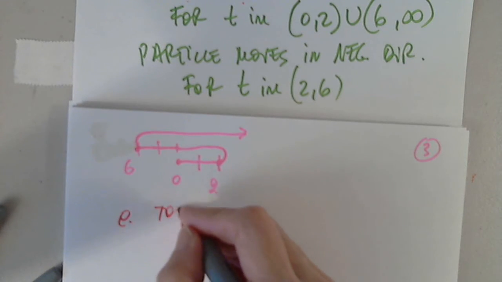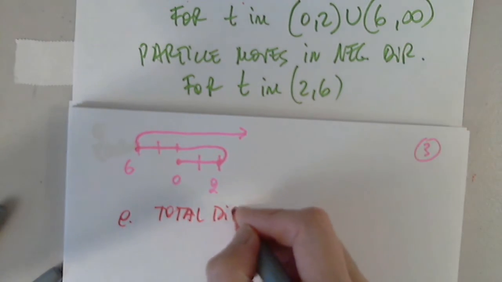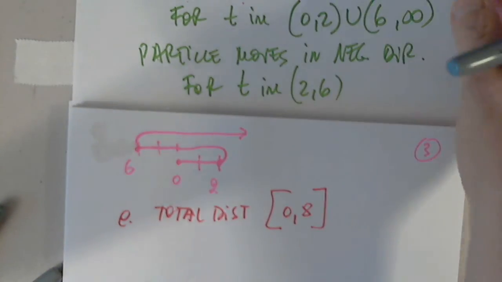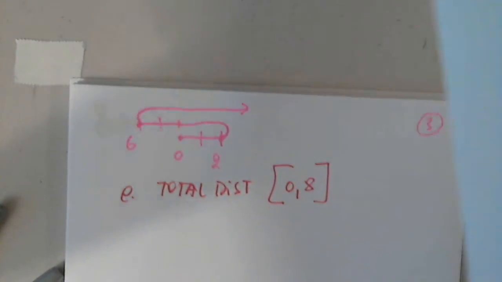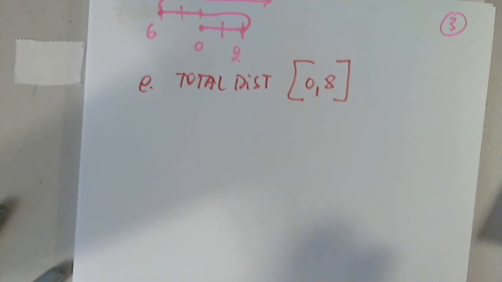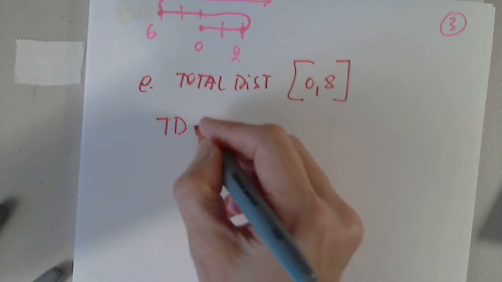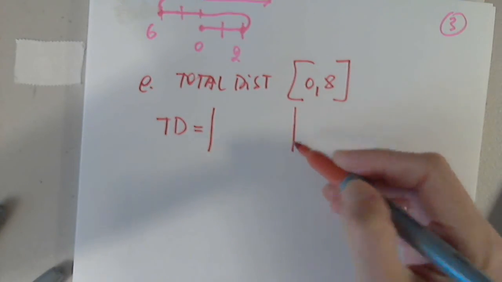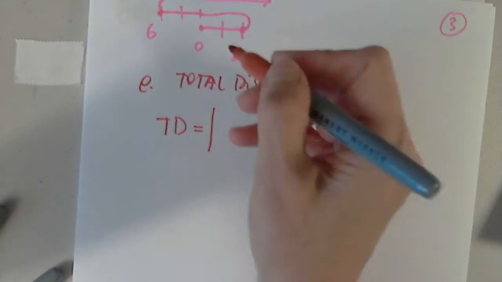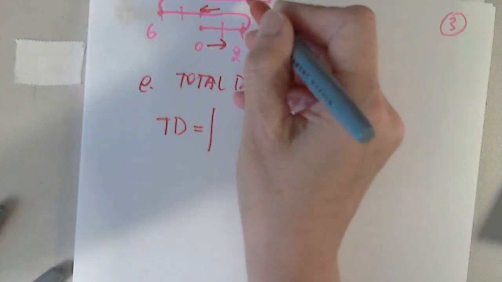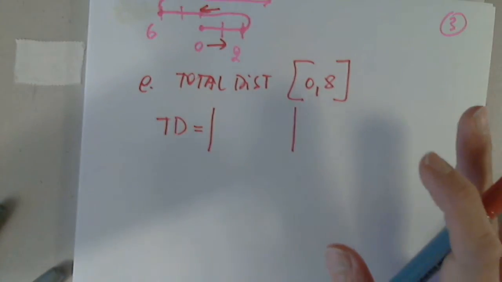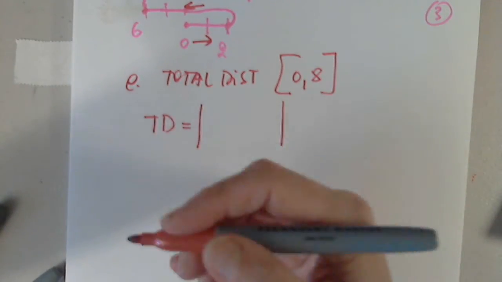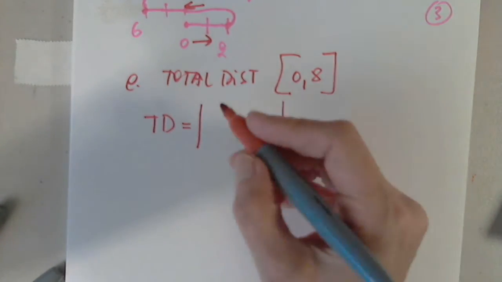Okay, part E. Find the total distance traveled during the first 8 seconds. So E, total distance for time between 0 and 8. That's why I put the graph in there, because the total distance will be the absolute value. You can say when it's going in the positive direction, you don't have to put the absolute value. That's true. But let me just show the whole thing with the absolute value, and then we can drop it when we don't need it.